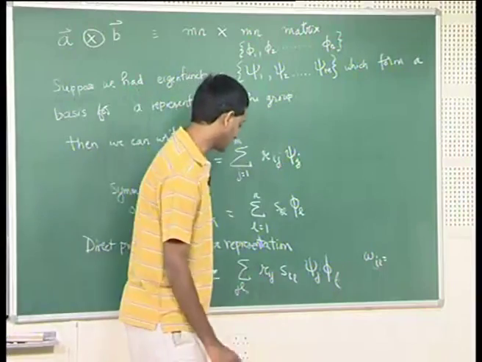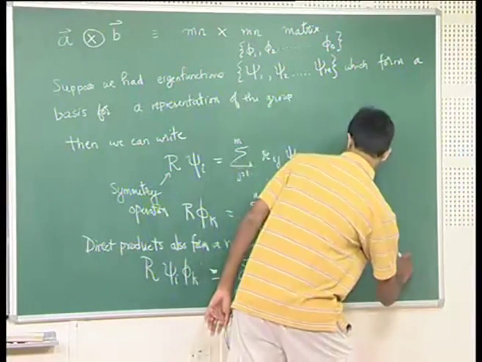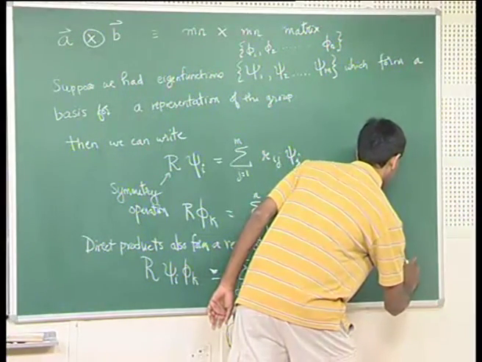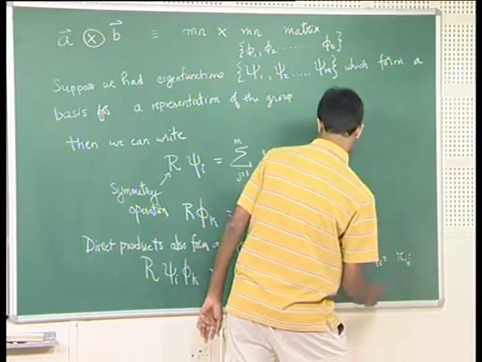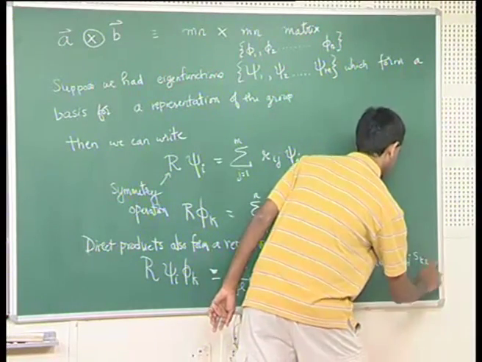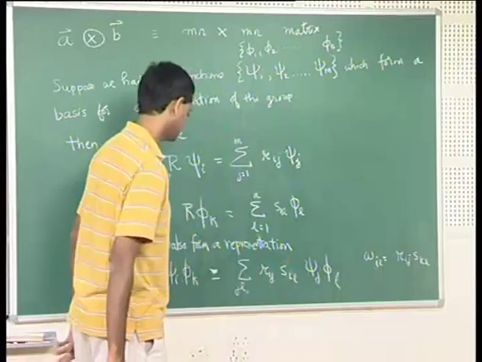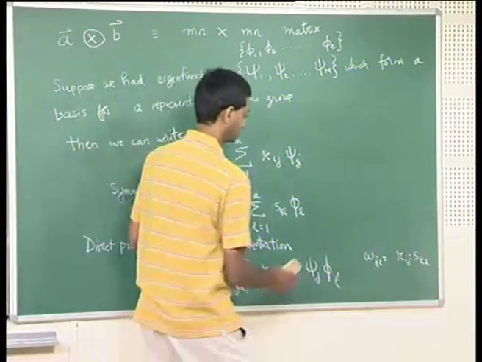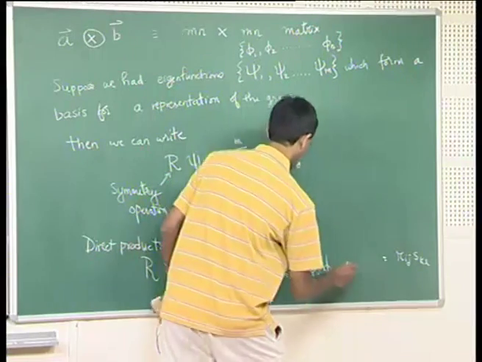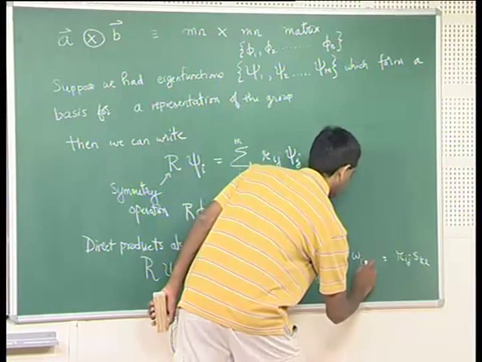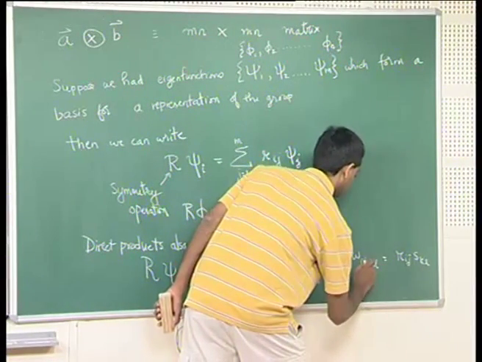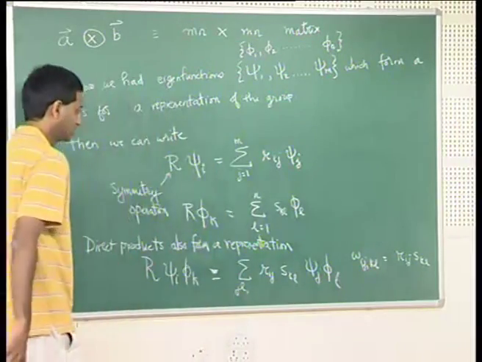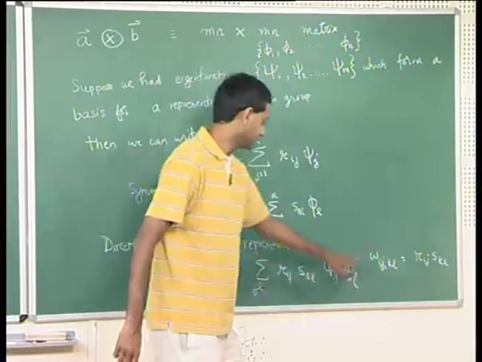So, W_ik is R_ij S_kl. You write this slightly differently, you write it as W_ij,kl. This is a quantity with 4 indices.